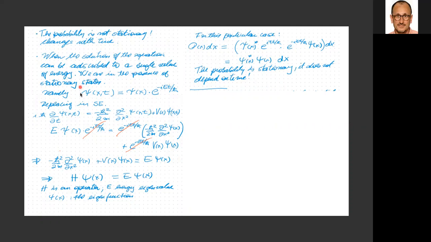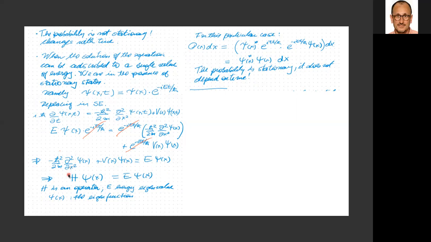So when I find a single energy here, we are in the presence of a stationary state. And when we have a stationary state, it means that the probability of finding the particle doesn't depend on time. It's fixed in time, not fixed in space, fixed in time, okay?